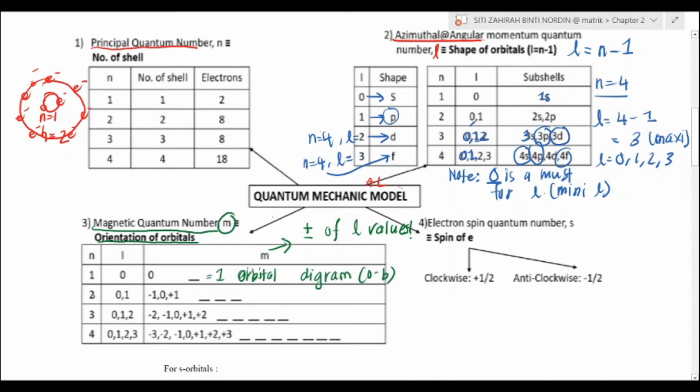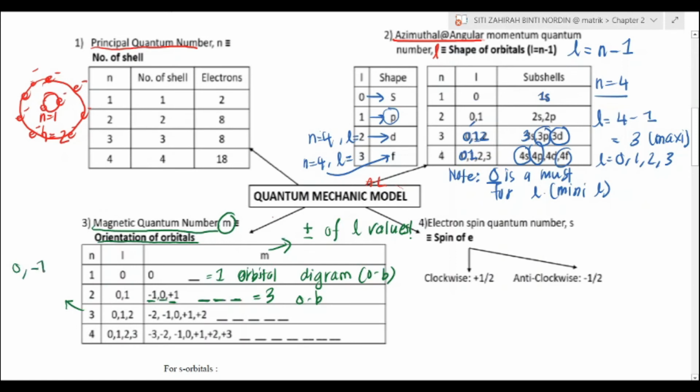For n equal to 2, your L must be 0 and 1. For 0, you've only got 0. For 1, you have negative 1 and positive 1. So in total, you've got 3 m values: 1, 2, 3. So there must be 3 orbital diagrams. When n equal to 3, you've got 0.